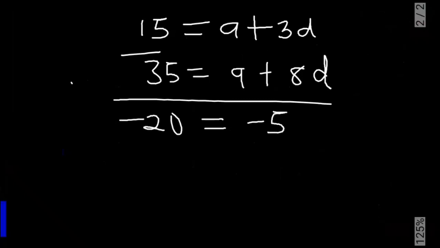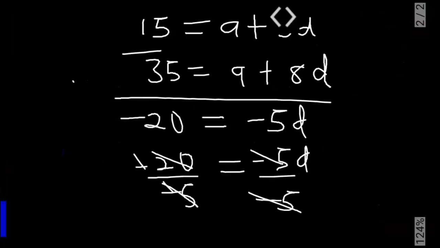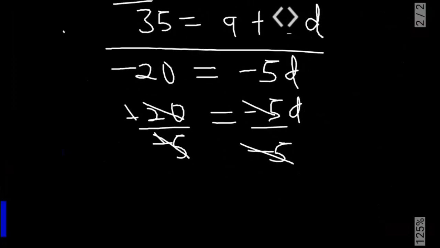So we divide both sides by minus 5 to get d from minus 5d. 20 divided by 5, the negative cancels the negative sign, so we have 4 equal to d. Very easy. Now we have our value for d.